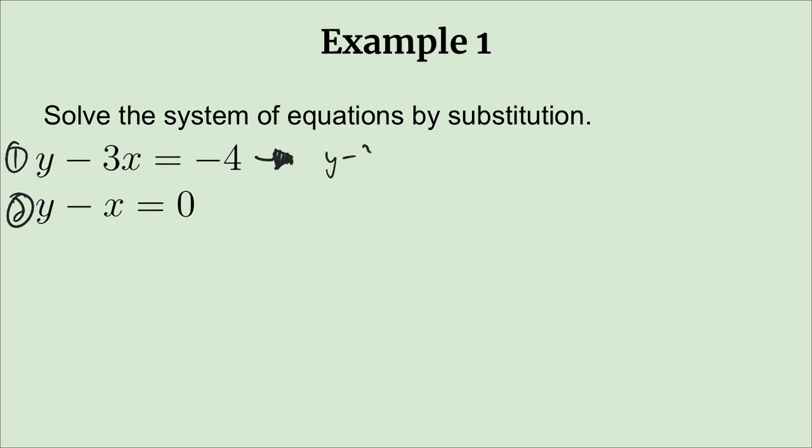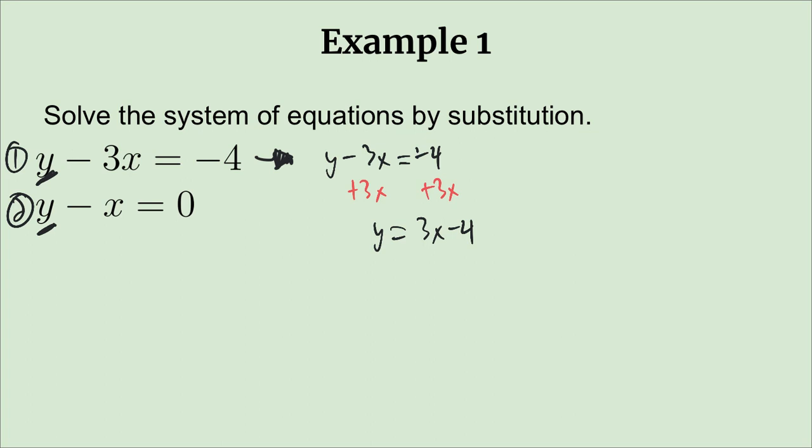We're going to solve for y here by adding 3x to both sides. That's going to get the y all by itself. We'll have y equals 3x minus 4. Now, one thing to know about a system of equations is that when you see the same variable, so we've got a y here and a y here, they equal the same thing.